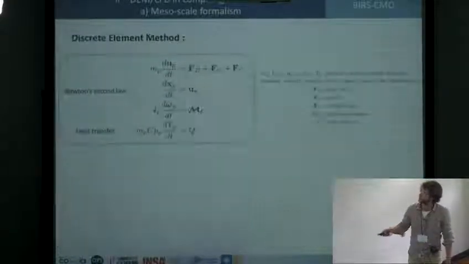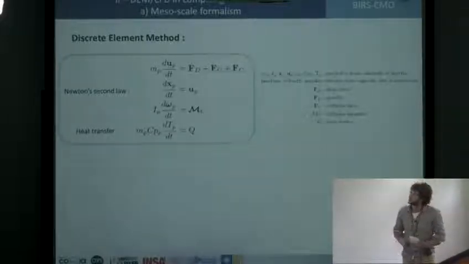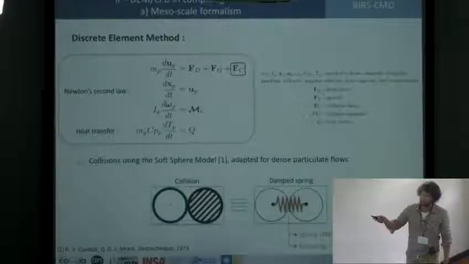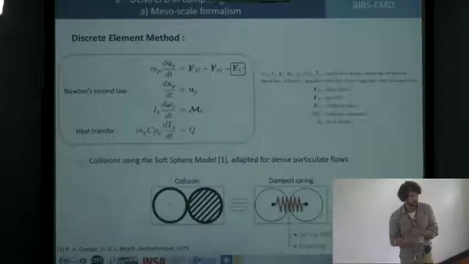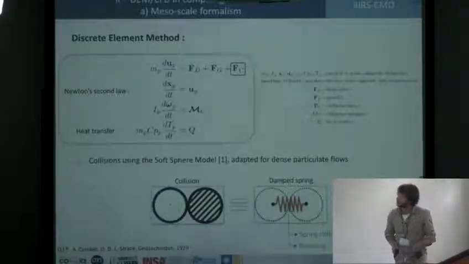So when dealing with the discrete element method, you have to solve Newton's equation of motion, as has been said previously, for each particle individually. So in our case, to model the contact force, we use a soft sphere model approach that tells that globally a collision between two particles is equivalent to a damped spring that would link the two particles.